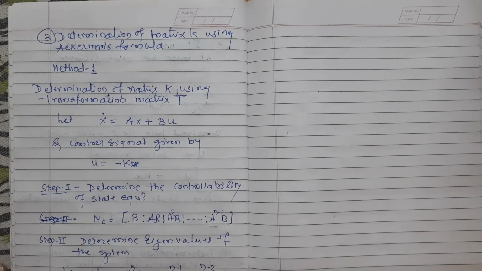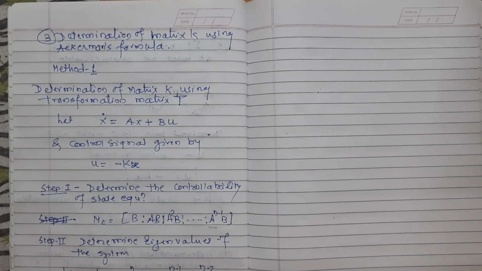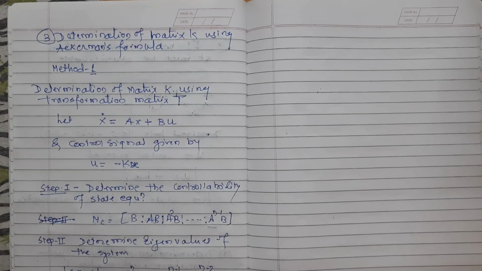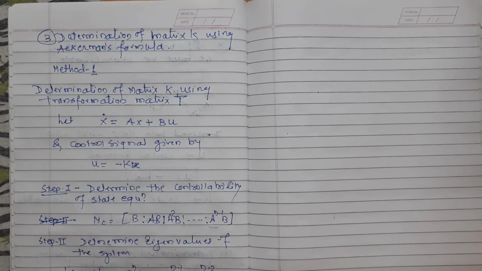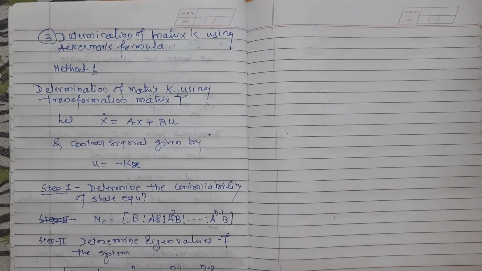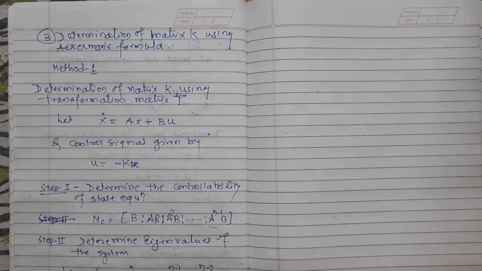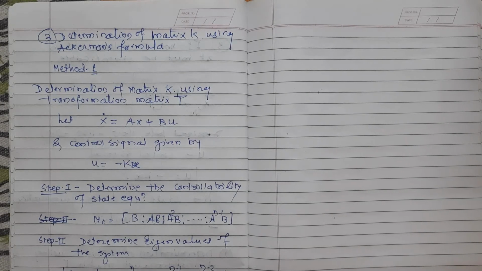Then determine the values of a1, a2 up to an. That means we have to find the value of a1, the value of a2, and the value of an, and write them down.